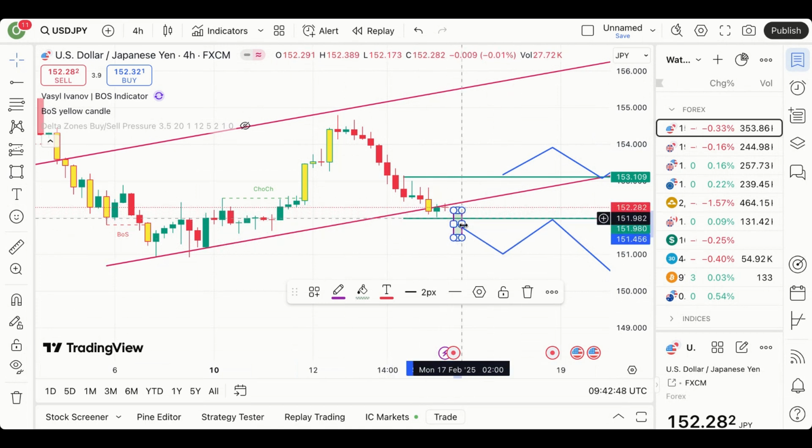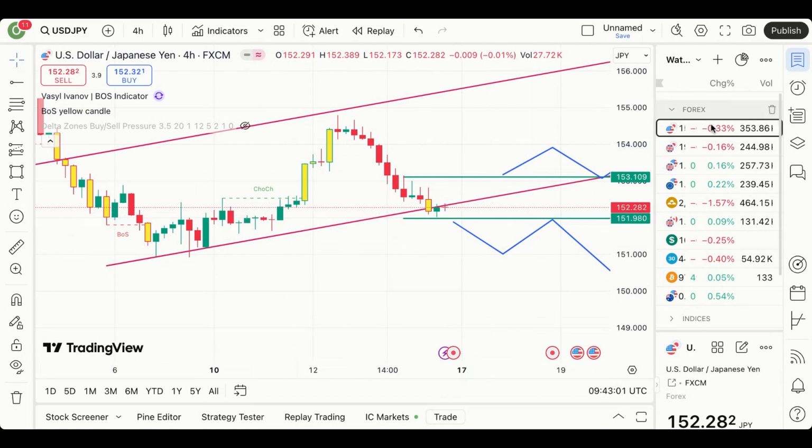So, and that is the trade for next week with USDJPY, I mean GBPJPY.